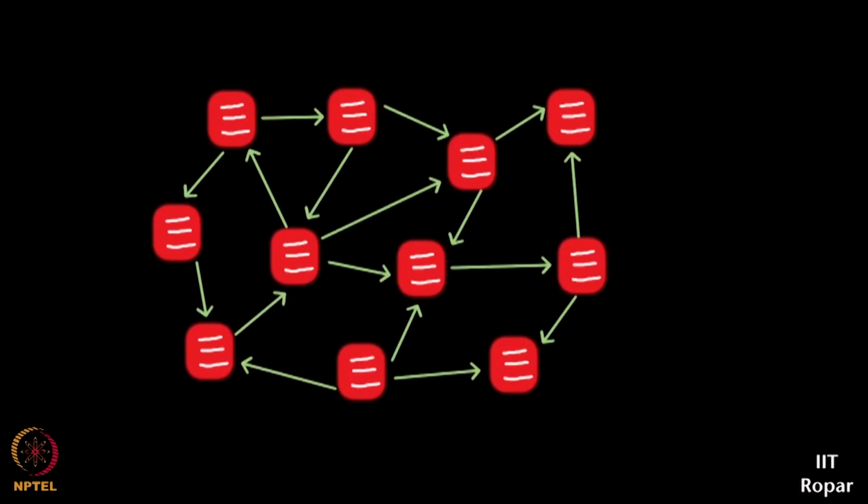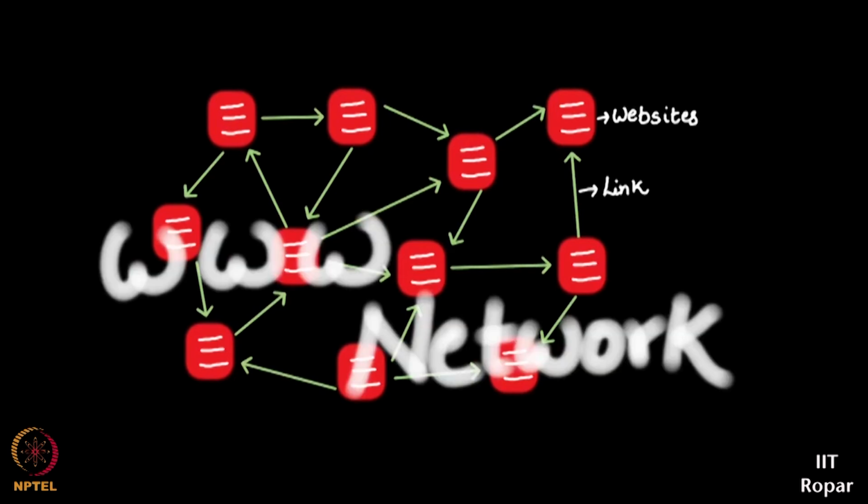By the way, this is how the network of the internet looks like, where nodes represent websites, and a line between two nodes represents that there is a link from this site to that site. This was the snapshot of the internet long back. Of course, it has grown bigger right now. It looks even more complicated right now. But just for completeness's sake, we are flashing the network of the internet. This is called the World Wide Web Network.